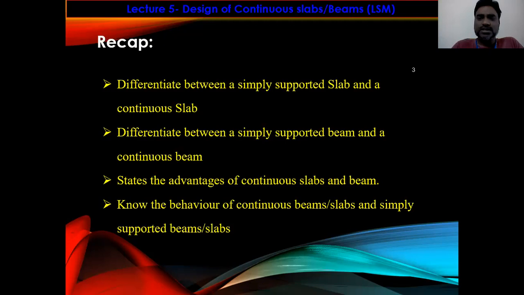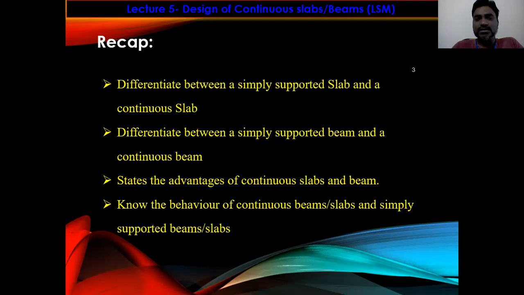Then we discussed the advantages of continuous beams and slabs. As we discussed, the deflections are lesser in continuous beams and slabs as compared to simply supported beams and slabs.